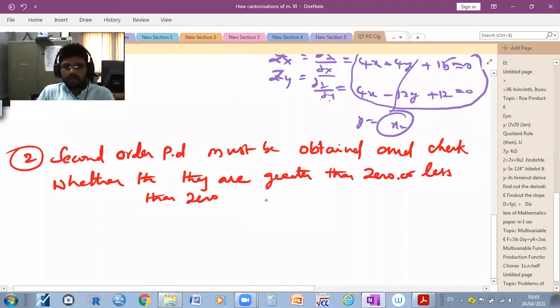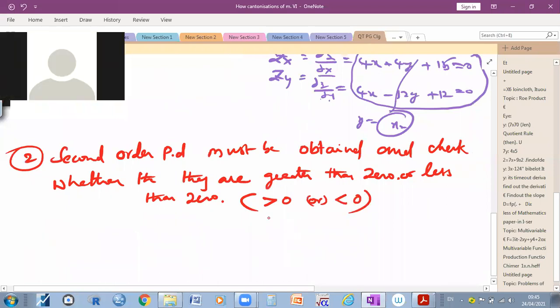So in the bracket you can write greater than 0 or less than 0.